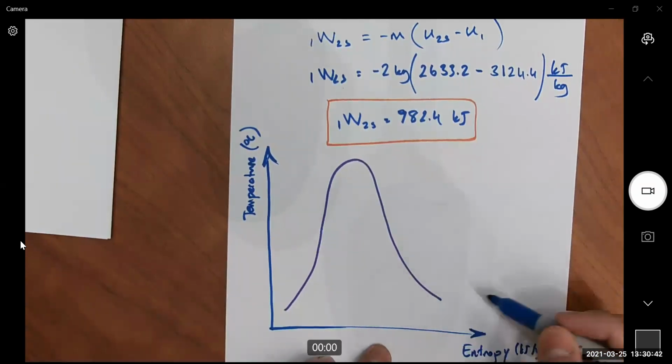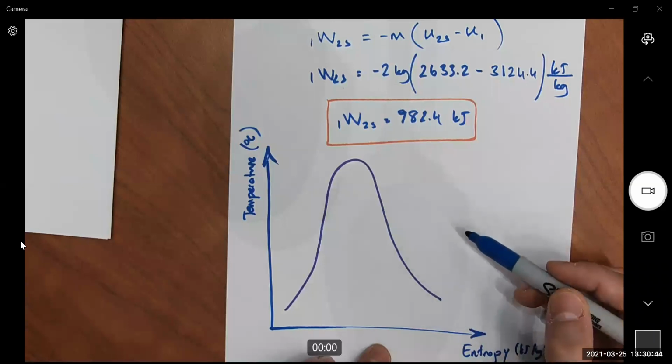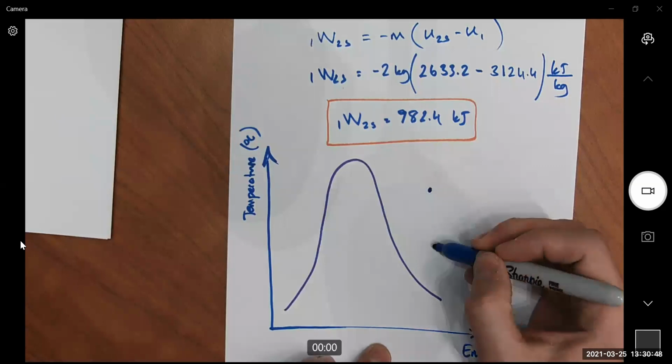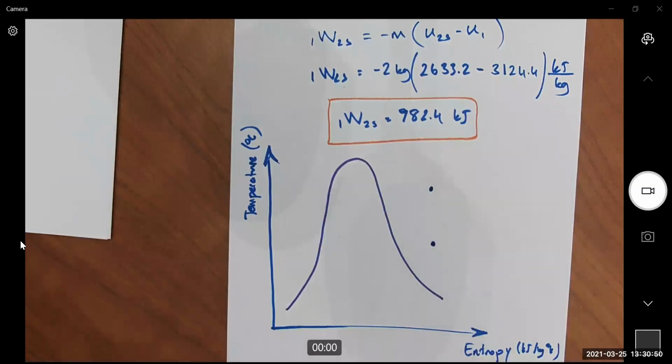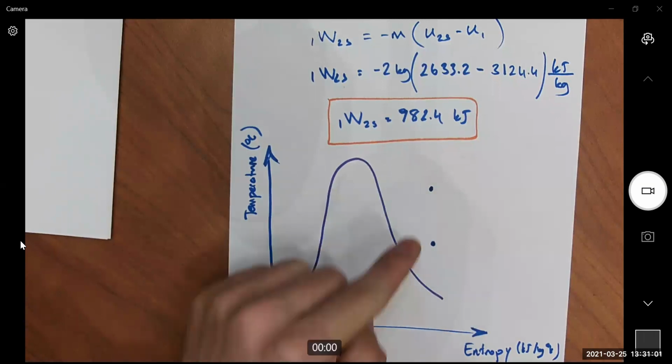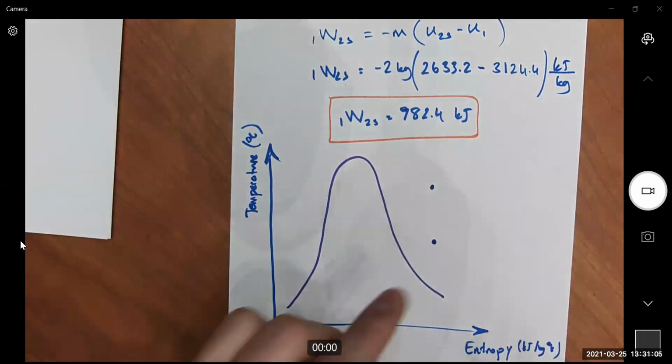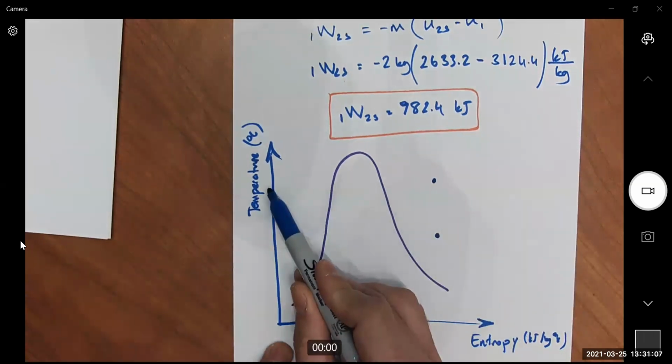For state 1, the next question is, which one is state 1, and how do I know? The top one is state 1, right? Because it has a higher temperature.